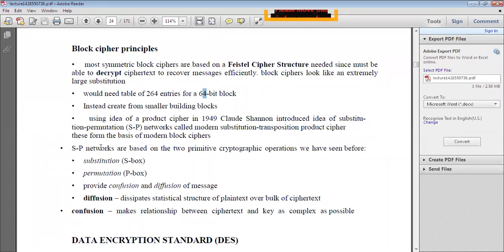So here two types of primitive cryptographic operations we have to perform in the Feistel cipher structure. One is the substitution box and the second one is the permutation.